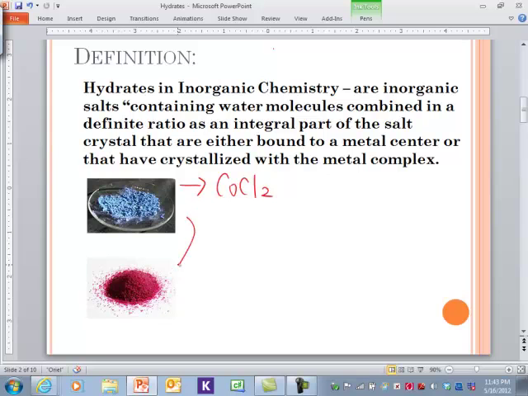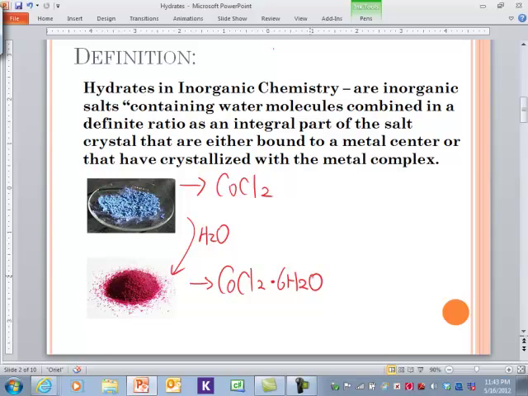But when water is attached to this compound, it turns into a vibrant magenta, a reddish color. So this is actually a hydrate. Each hydrate formula unit, cobalt(II) chloride, in this case CoCl2, is associated with 6 water.